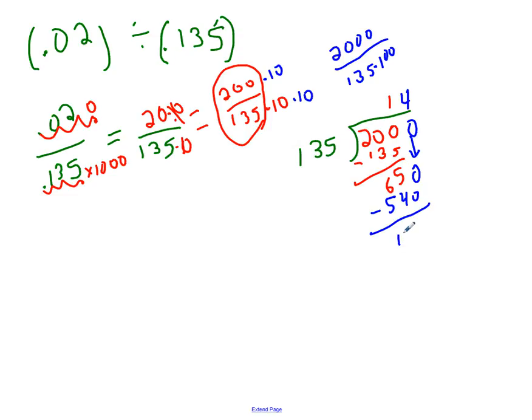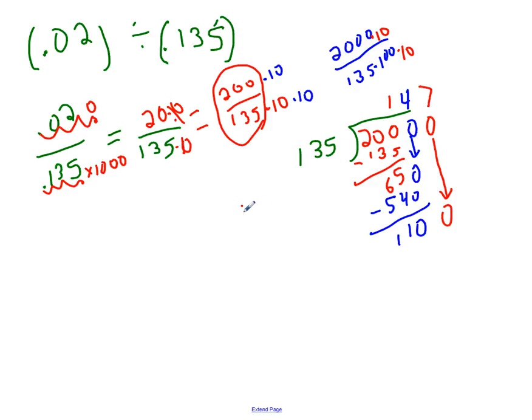That gives me 110. I still have a remainder. So let's multiply by another 10. Get another 0 there to bring down. All right, 135 into 1100. I'm guessing that's 7.